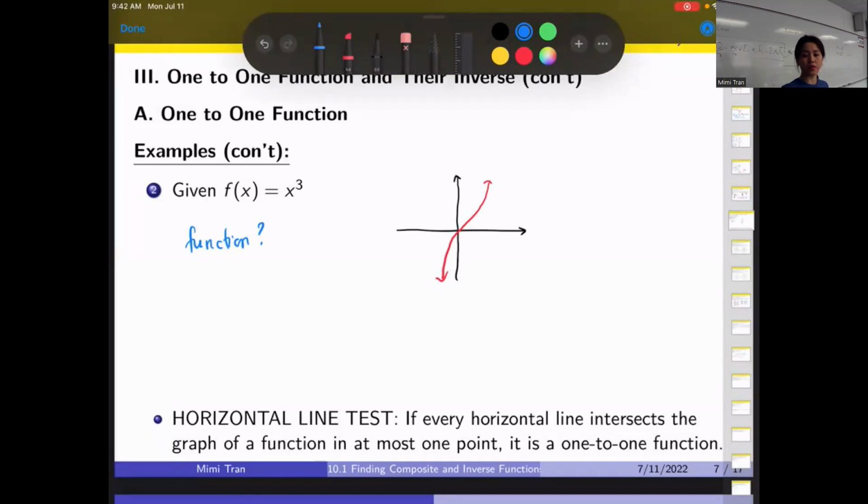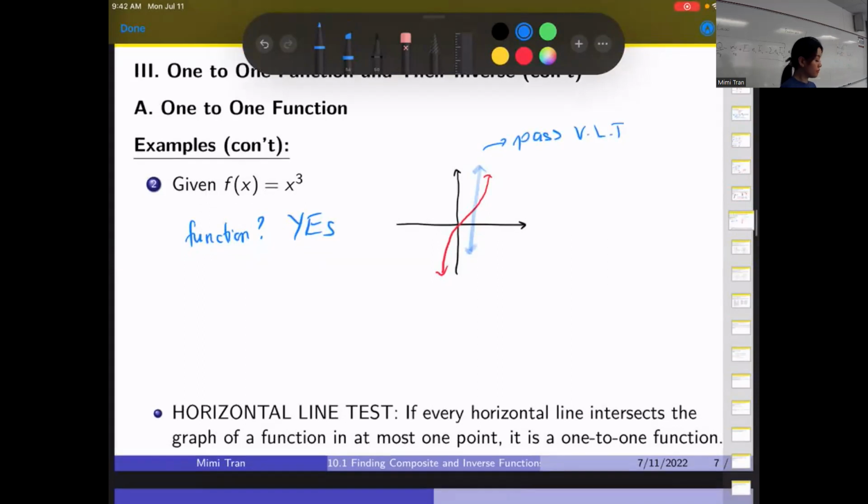Yes, right. Thank you, Corey. It's a function. Is it a one-to-one function? Yes, because it only crosses the x-axis once.